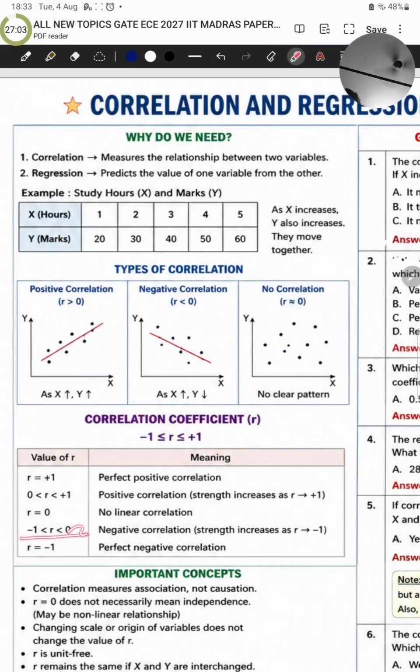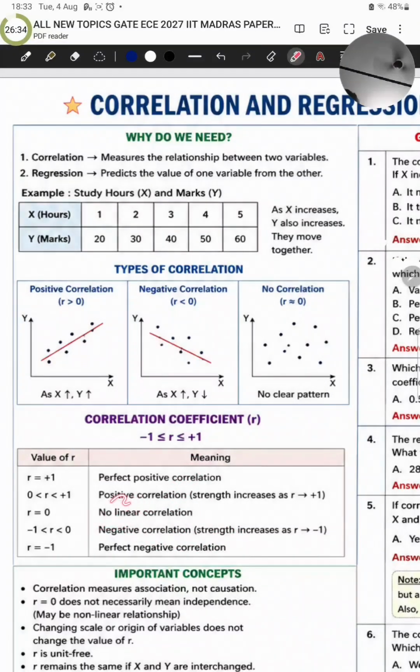If r is from -1 to 0, then it is negative correlation. Strength increases as r tends to -1. Strength increasing here means that if x increases, then y significantly decreases.